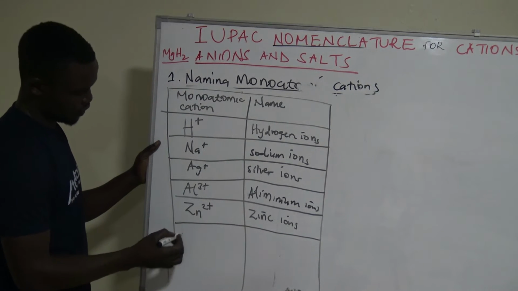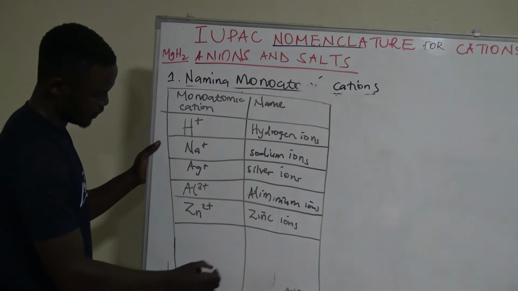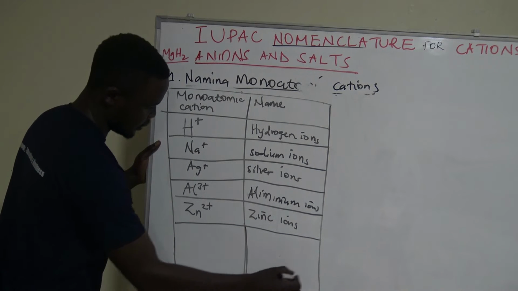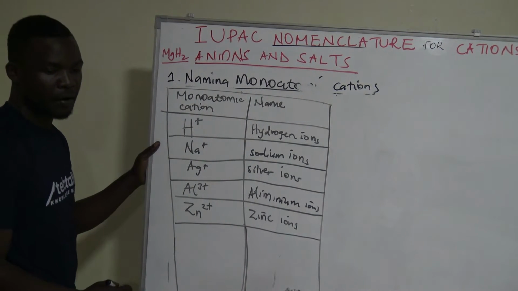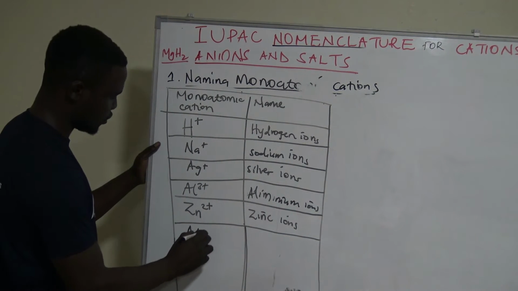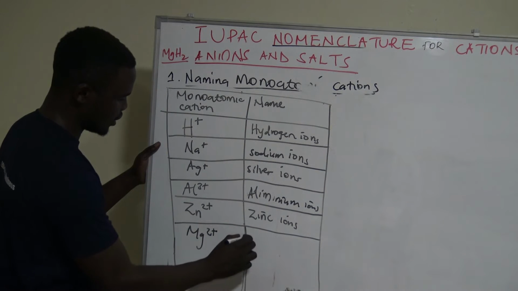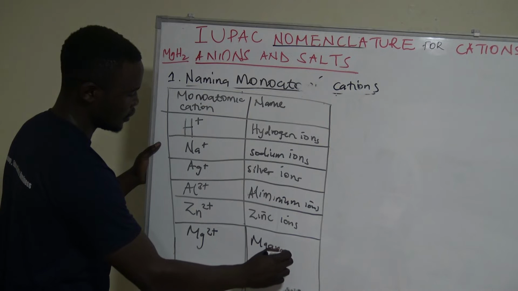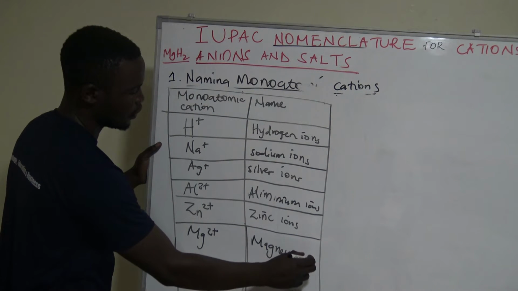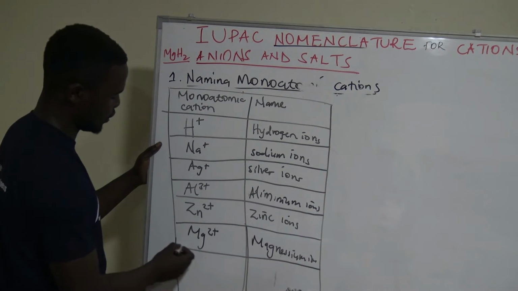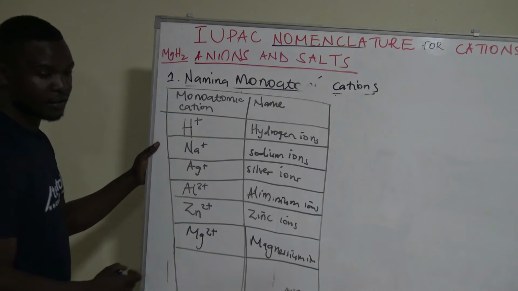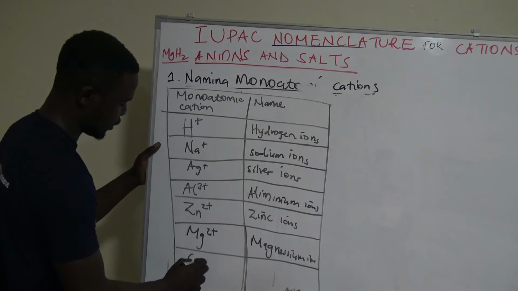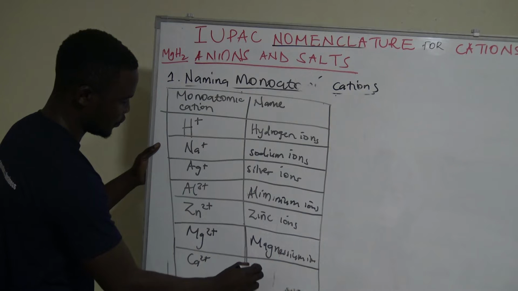We shall not include the valence simply because it is also monovalent. We look at magnesium. Since it is a cation with one valency, we shall just say these are magnesium ions. We look at another cation, calcium.